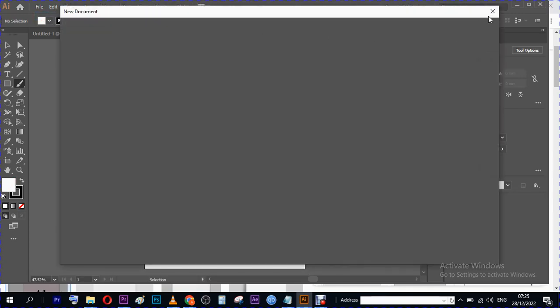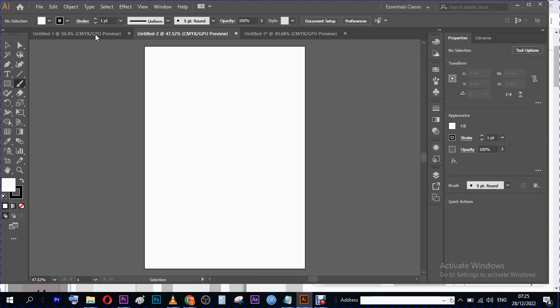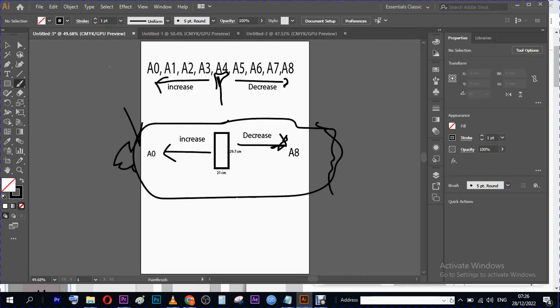So we already, let us remove that. Okay. So let me hope at least we've understood this first one of the paper sizes. Okay.